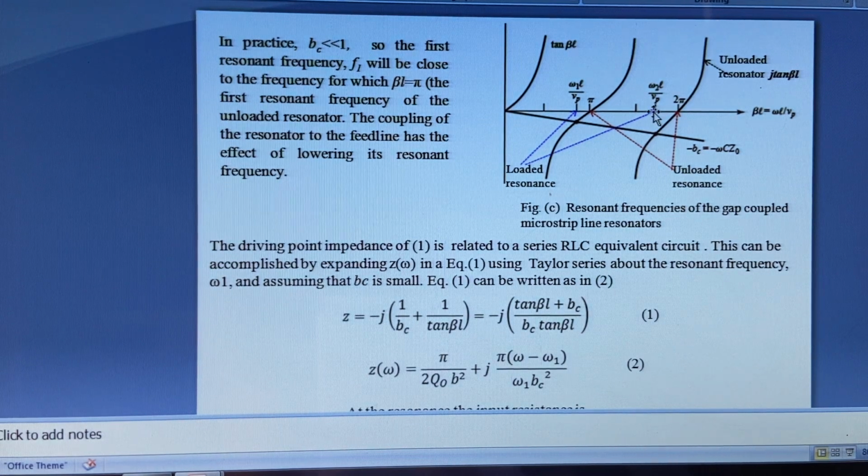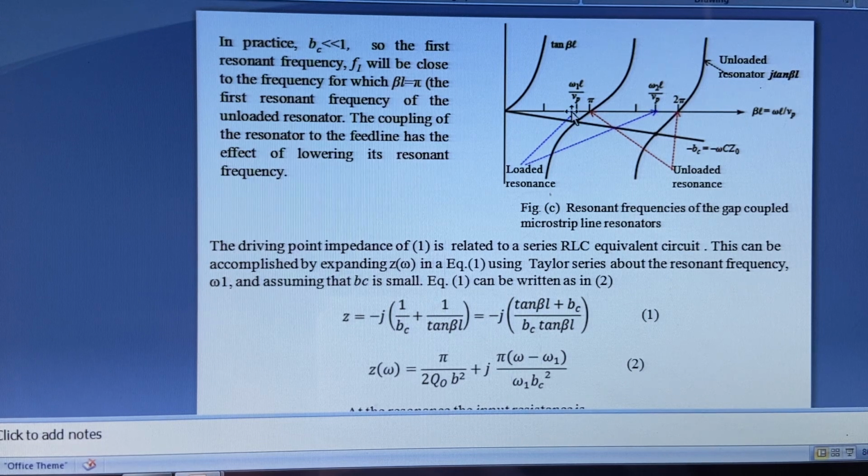That is, beta L equal to 2 pi and pi for the unloaded resonator, but for the loaded resonator the resonance point is shifted like this.